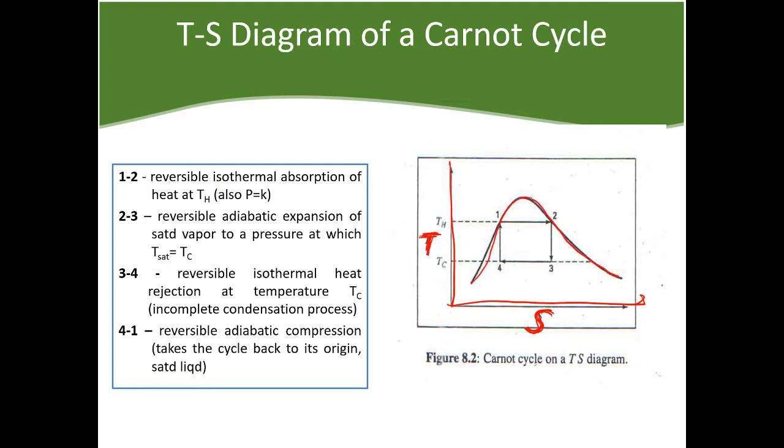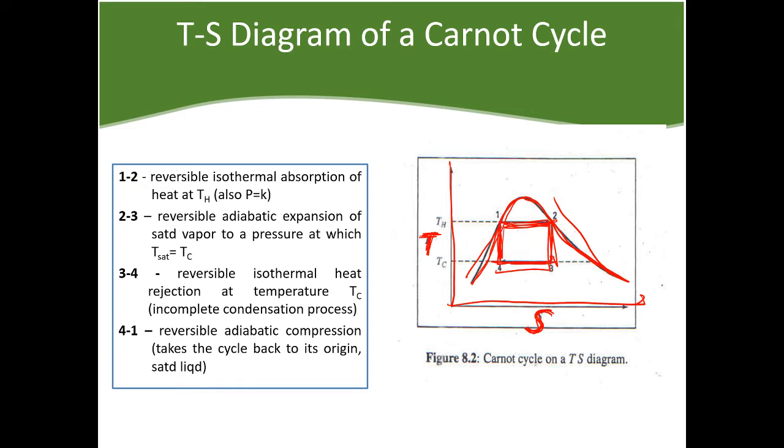Okay, this is the saturated liquid line, yung nasa left. Then, saturated vapor line, yung nasa right. In the Carnot cycle, nandito lang siya sa loob ng saturated curve. So, yung fluid mo ay wet lang siya. Wet. It just cycles inside the saturated curve.